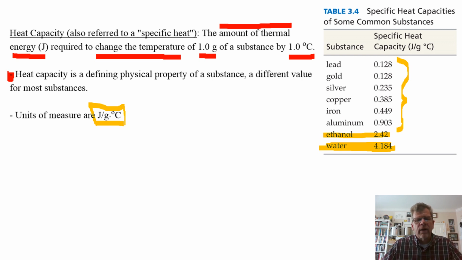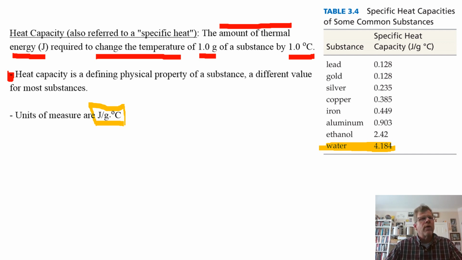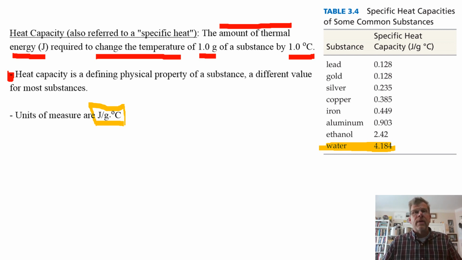In fact, water has probably one of the highest heat capacities known, and much higher than many other pure substances, which is one reason why it is used as a primary component in, for instance, radiator fluid. It has the capacity to absorb a lot of heat from your engine with a relatively small increase in temperature. So it has a higher capacity to absorb the heat, something very necessary.